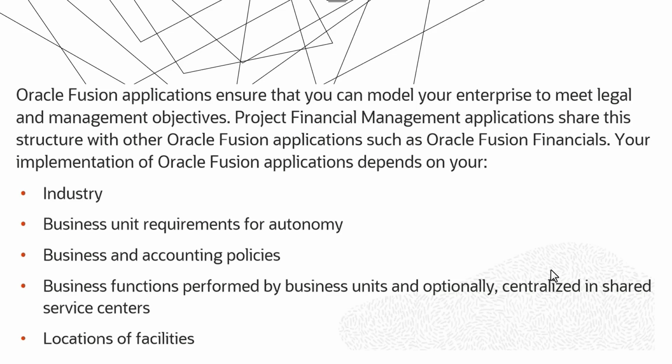For now, just pay attention to the key terms, like business units. Your implementation of Fusion applications can depend on your industry, and some of the key terms we use inside Fusion Cloud, like business unit, cover requirements for autonomy and business and accounting policies, which primarily you can model using our legal structures like ledgers and legal entities.